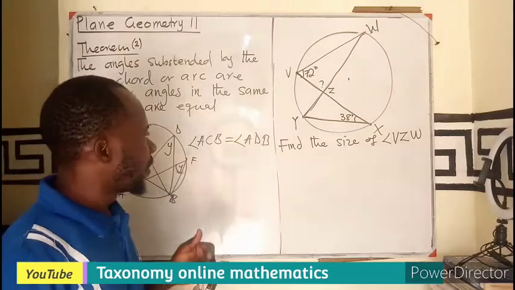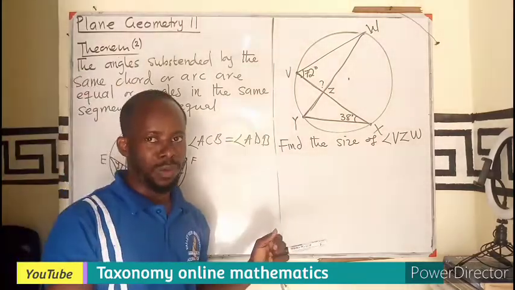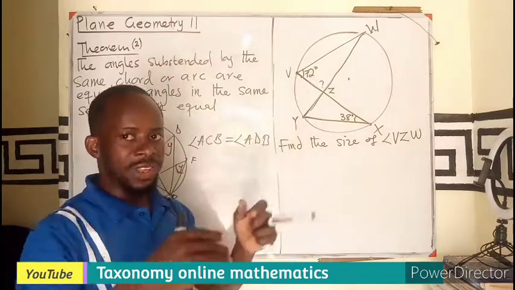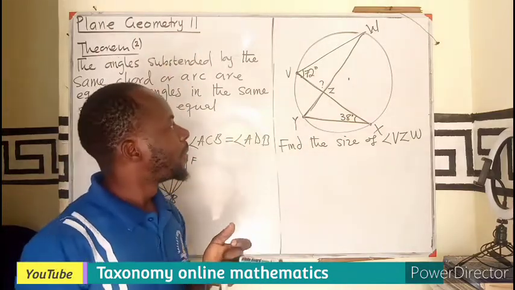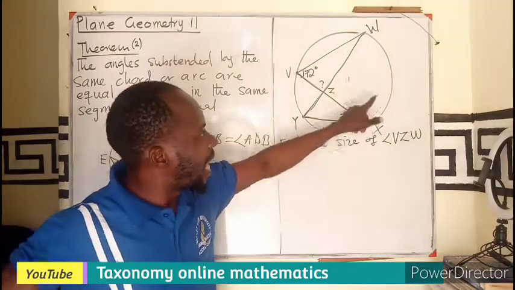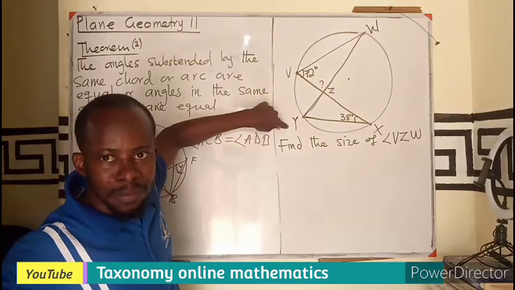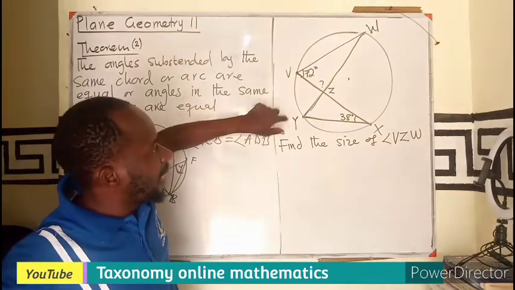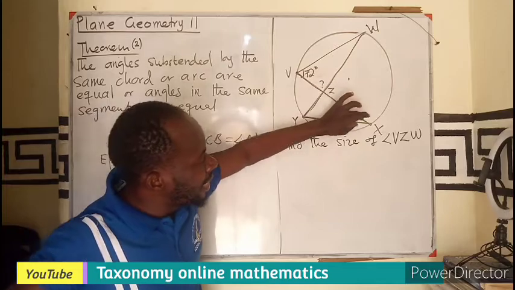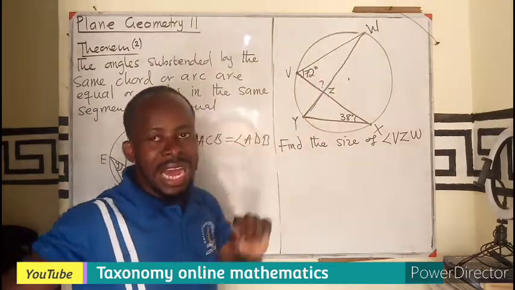Now, can we spot the property that says that the angles subtended by the same chord at the circumference are the same? I believe the angle at X will be the same as the angle at W, because the arc VY is what is making this angle. The same arc is making that angle.